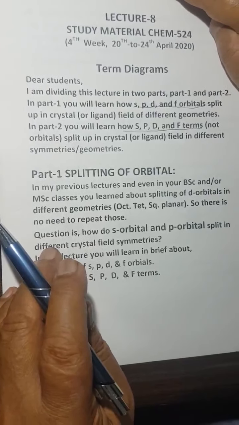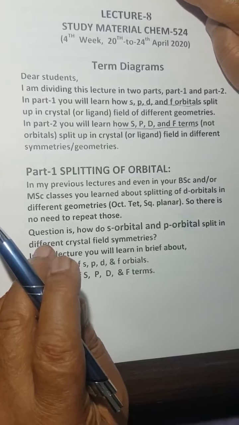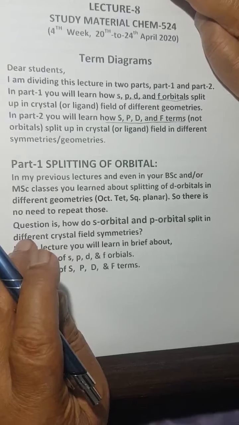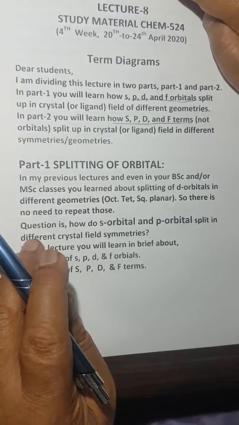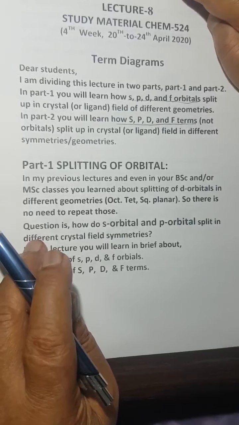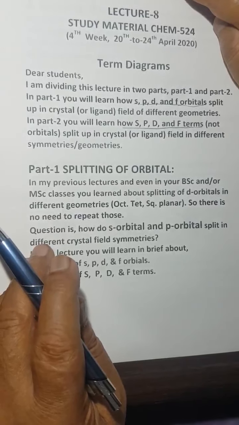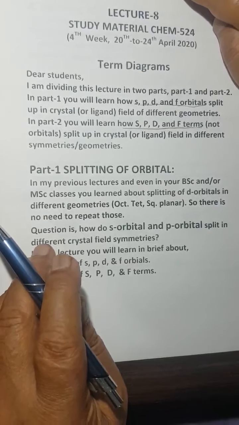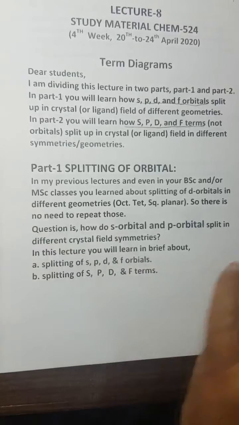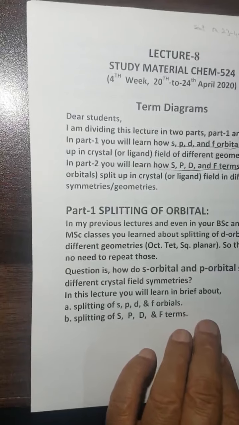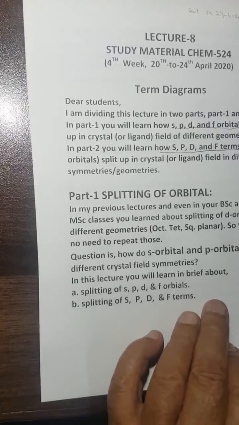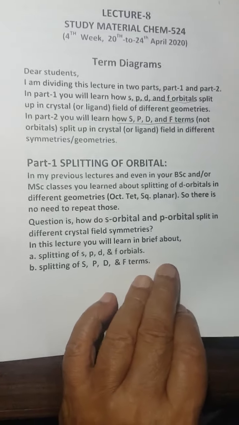Today, in part 1, I will explain that as well. In the second part, you will learn how S, P, D and F terms split up in the crystal field in different symmetry.